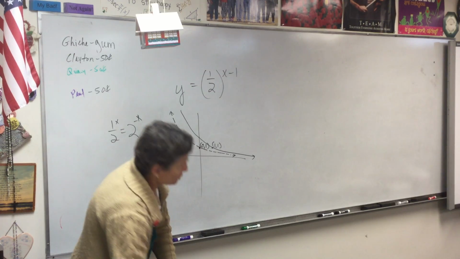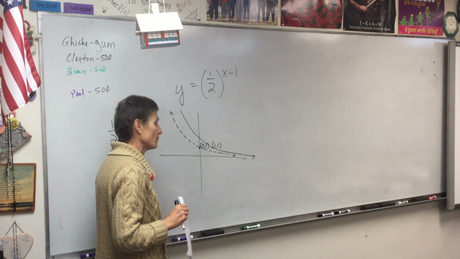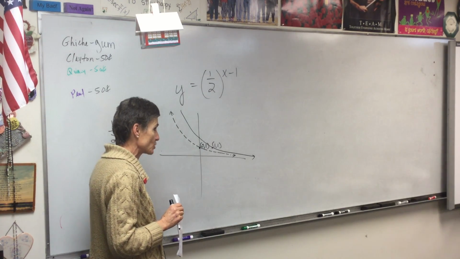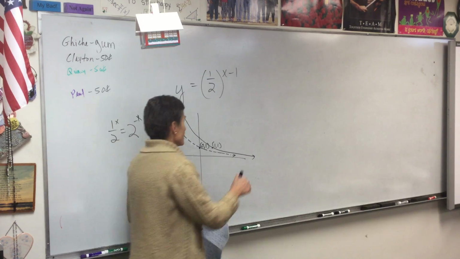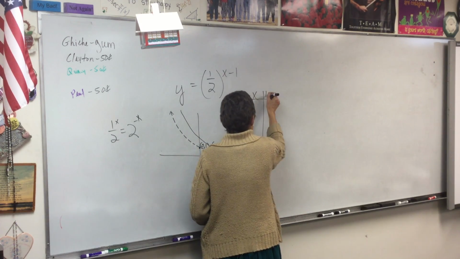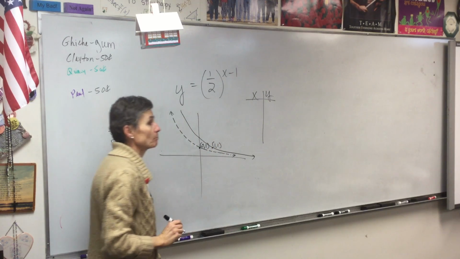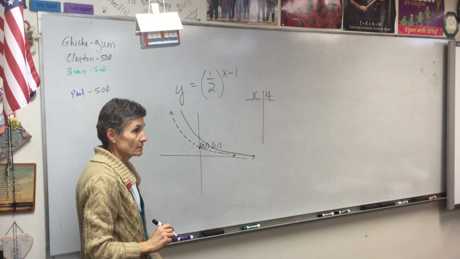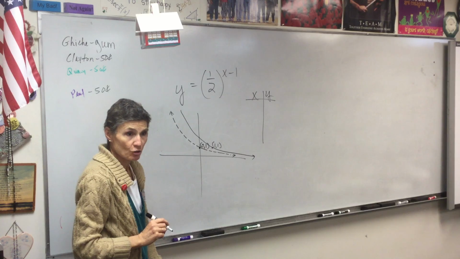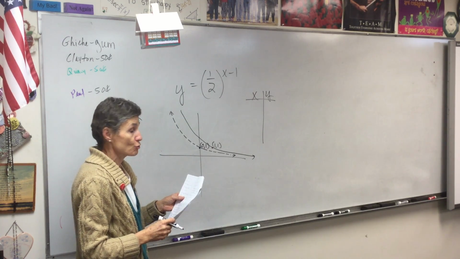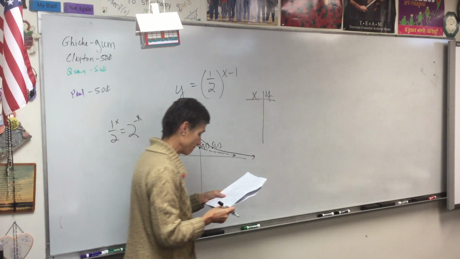Now, let's suppose you are hopelessly confused by that question. Set up a T-chart and plot some points. Connect the dots and you'll get your picture. Okay? So you don't have to do anything tricky.